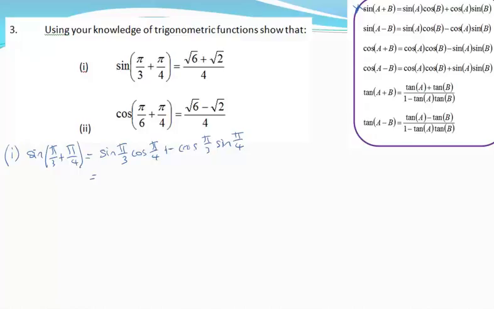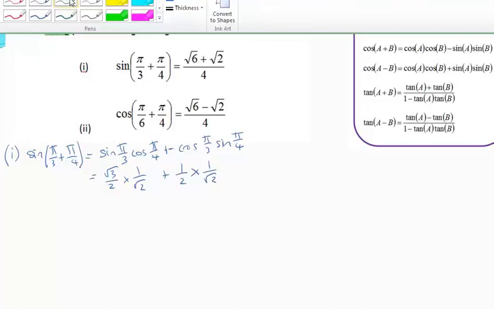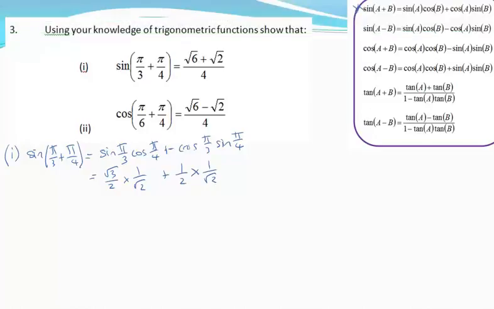So we substitute our values in here. Sine of pi on 3 is root 3 on 2 multiplied by cosine of pi on 4, which is 1 on root 2, plus cosine of pi on 3, which is a half, multiplied by sine of pi on 4, which is 1 on root 2.